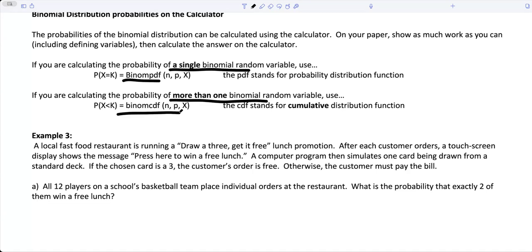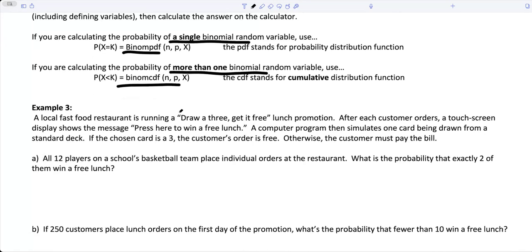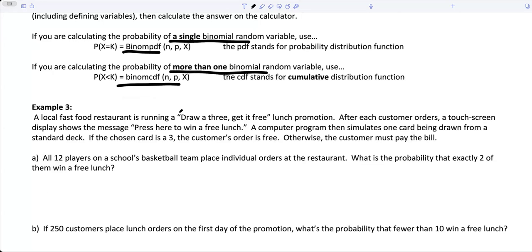All right. So let's look at a couple of examples. A local fast food restaurant is running a draw a 3, get a free lunch promotion. After each customer orders, a touchscreen display shows the message, press here to win a free lunch. A computer program then simulates one card being drawn from a standard deck. If the chosen card is a 3, the customer's order is free. Otherwise, you got to pay up.